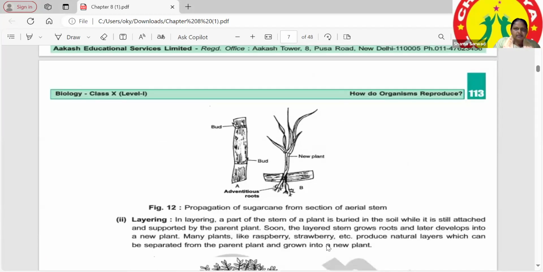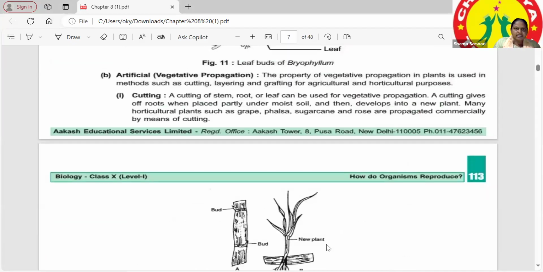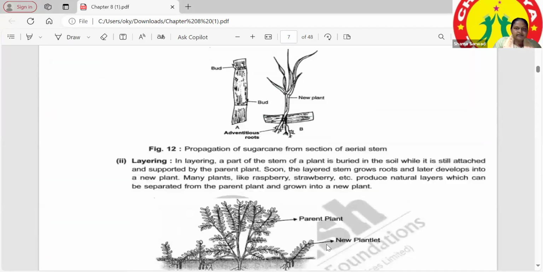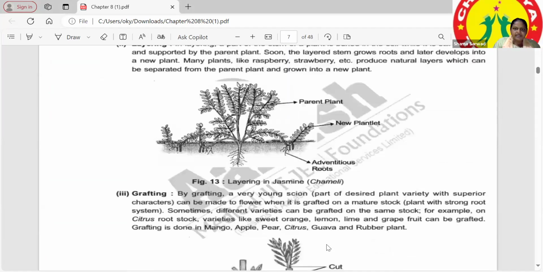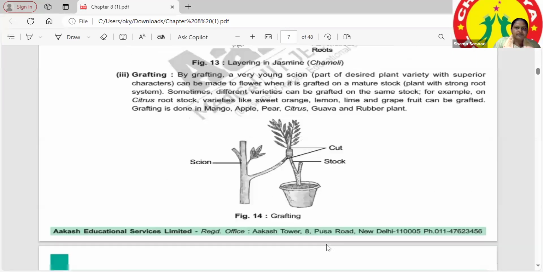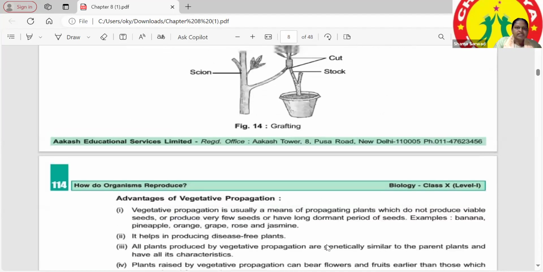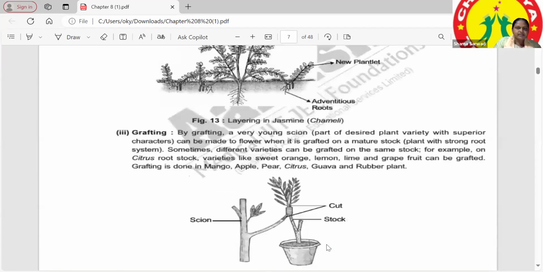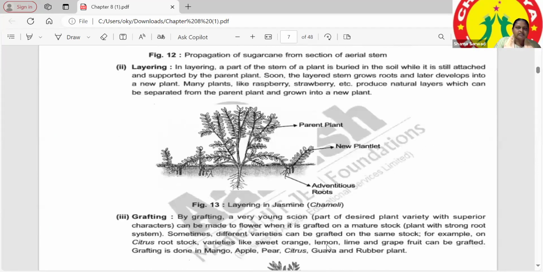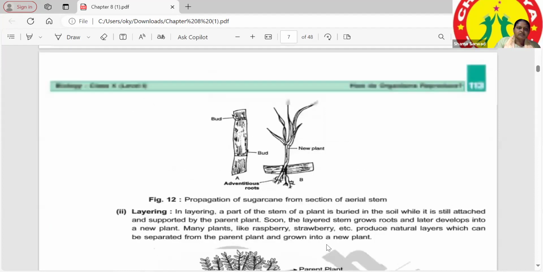It would be cutting, layering, then grafting. See, this is the grafting. So these three things we are going to see about artificial vegetative propagation.